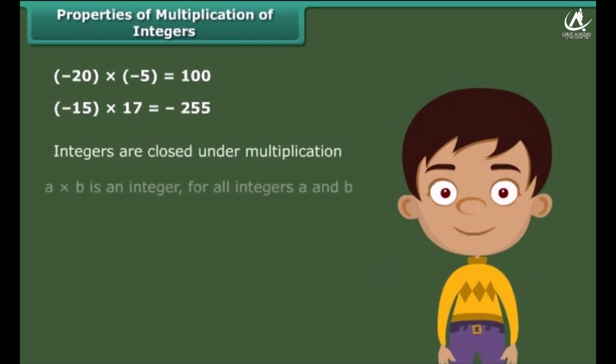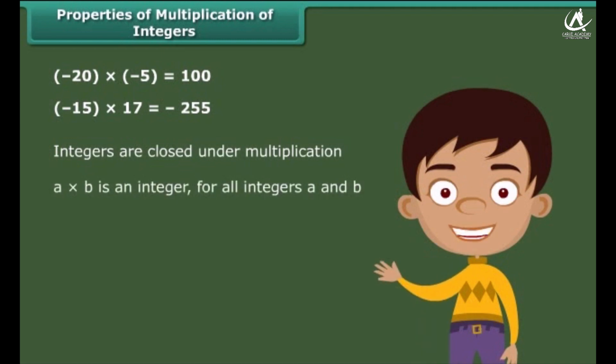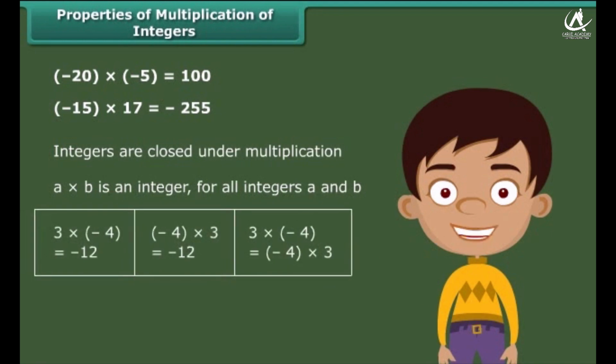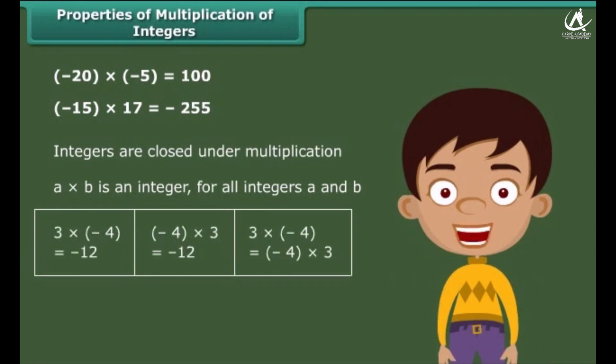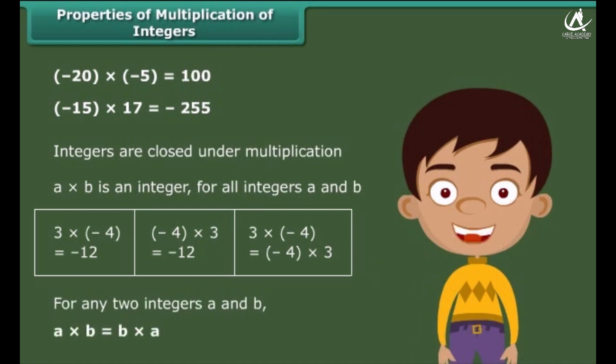In general, a into b is an integer for all integers a and b. Now observe this example. We can say that 3 into minus 4 is equal to minus 4 into 3. Therefore, multiplication is commutative for integers. In general, for any two integers a and b, a into b is equal to b into a.